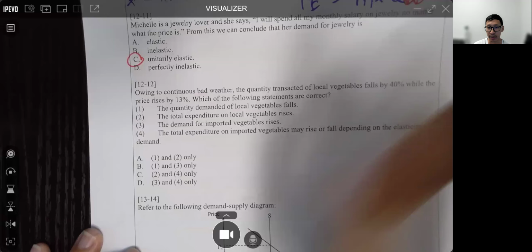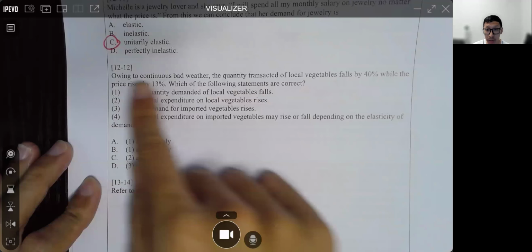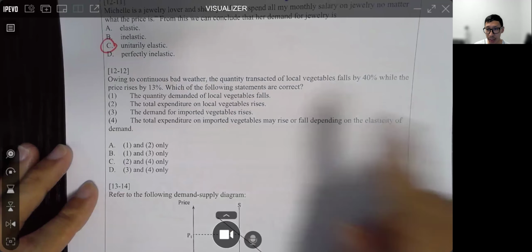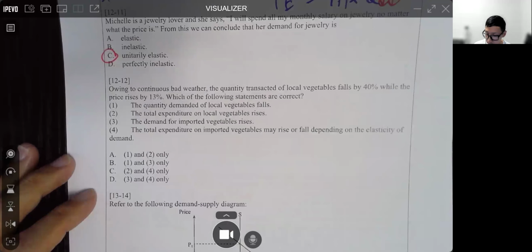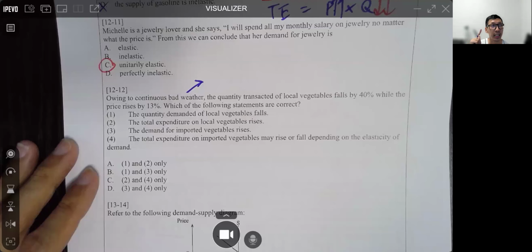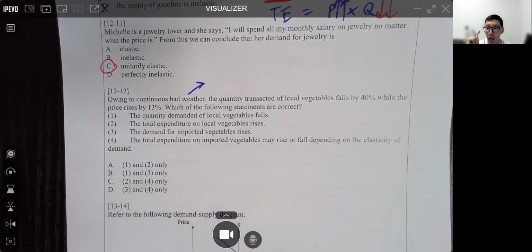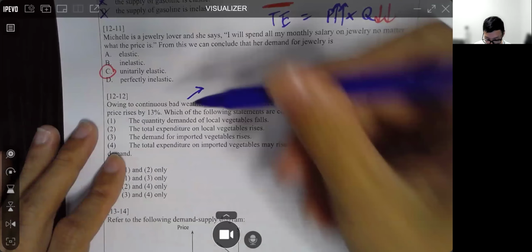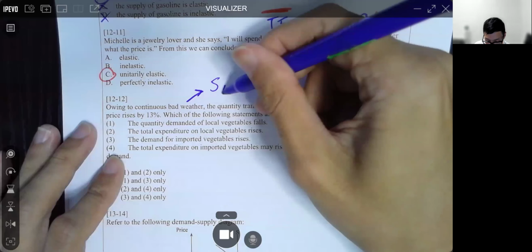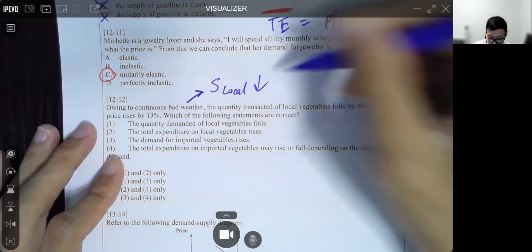Next one. Continuous bad weather for local vegetables. Let's think: how will bad weather affect the market for local vegetables? The supply of local vegetables would decrease.